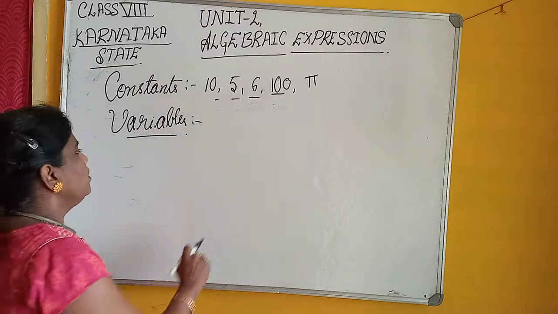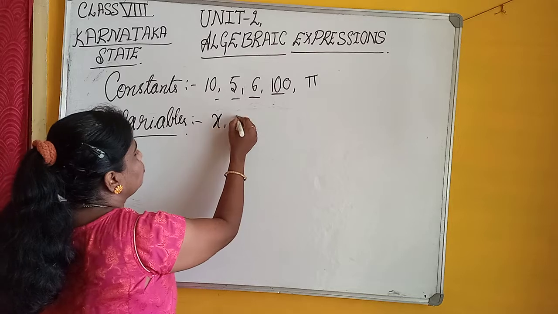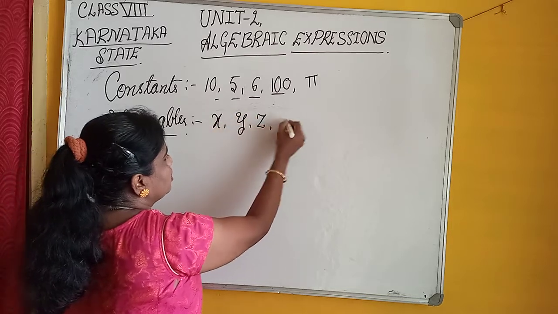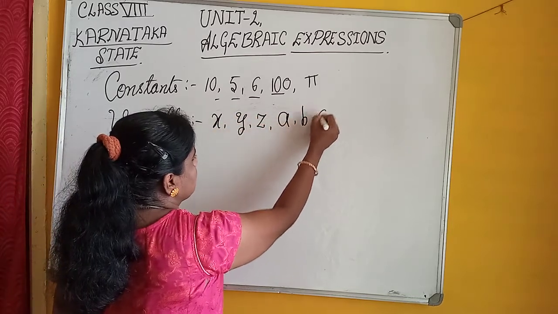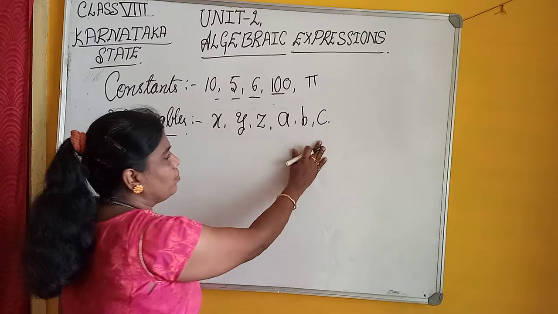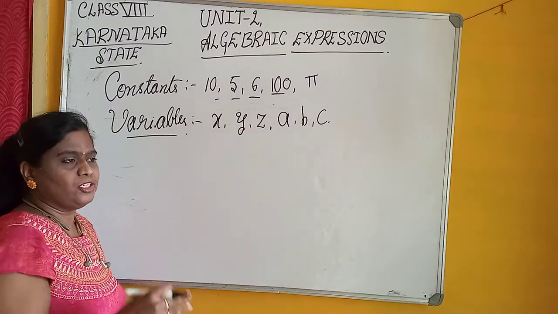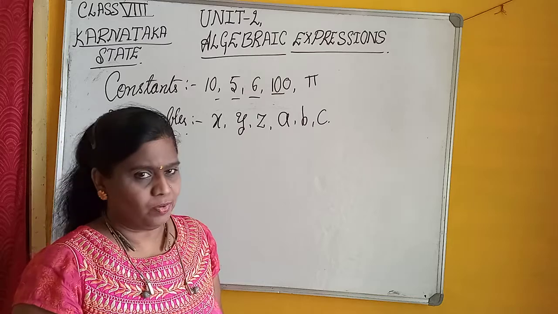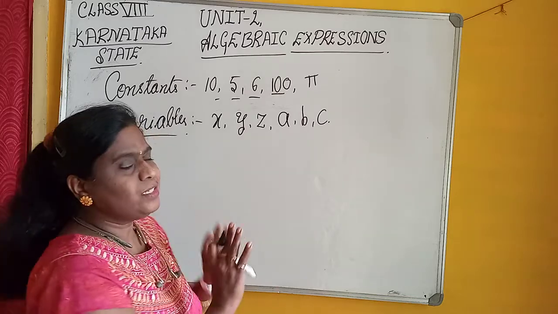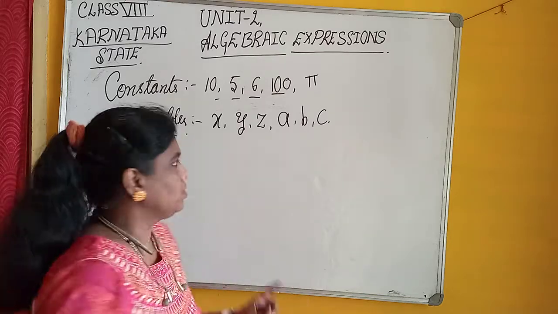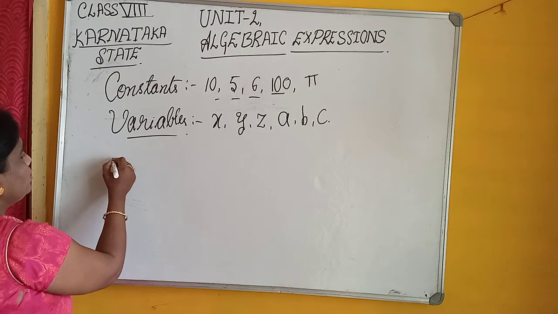For example, x, y, z, a, b, c. The value of these variables changes from situation to situation, or problem to problem. These are not fixed values. Next, algebraic terms.